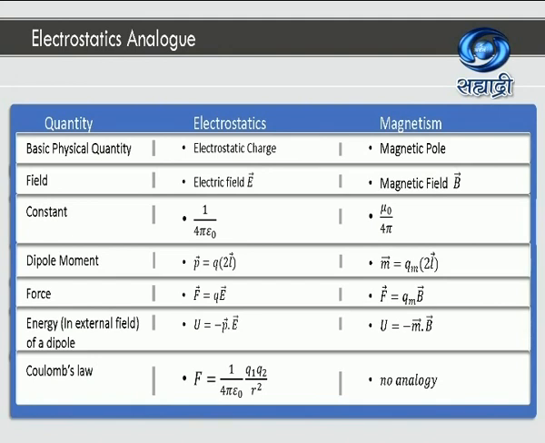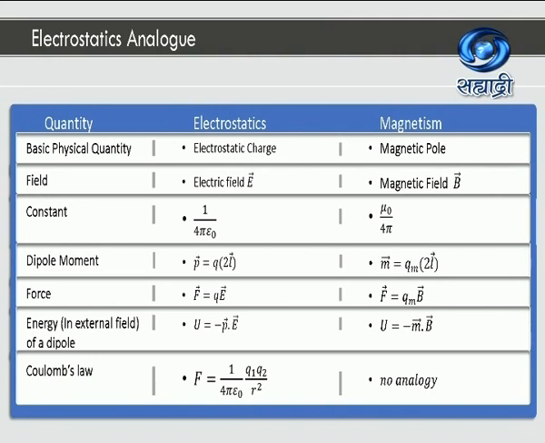The next physical quantity is dipole moment. In electrostatics, we used to call it as electric dipole moment. It is denoted by small letter p vector and is equal to the product of charge and separation between the two charges, p is equal to Q into 2L. It is a vector quantity.